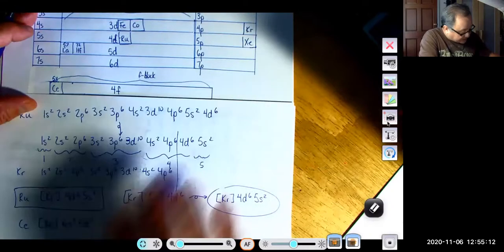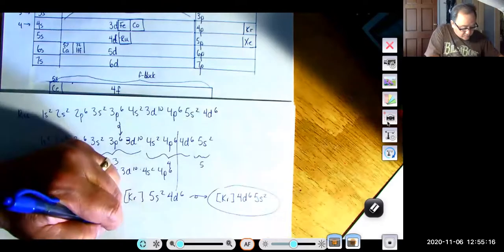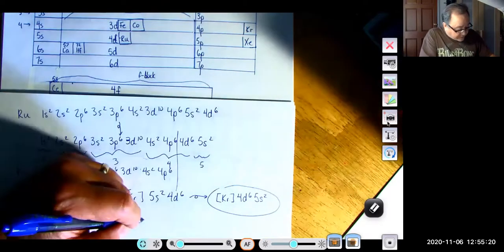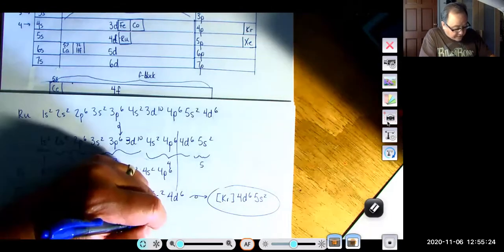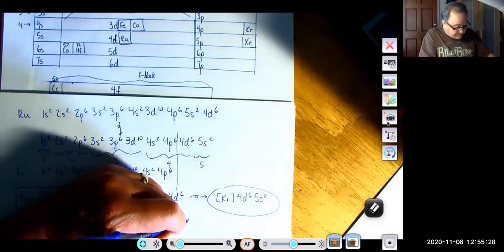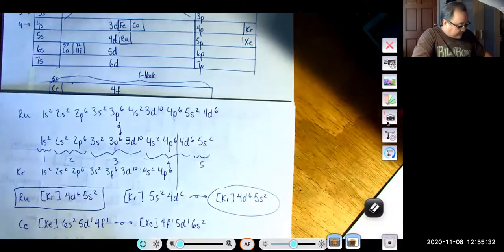Then we go down to cerium and say 4f1. And then my pigtail means rearrange. So we get xenon, 4f1, 5d1, and 6s2. Cerium is some serious stuff.